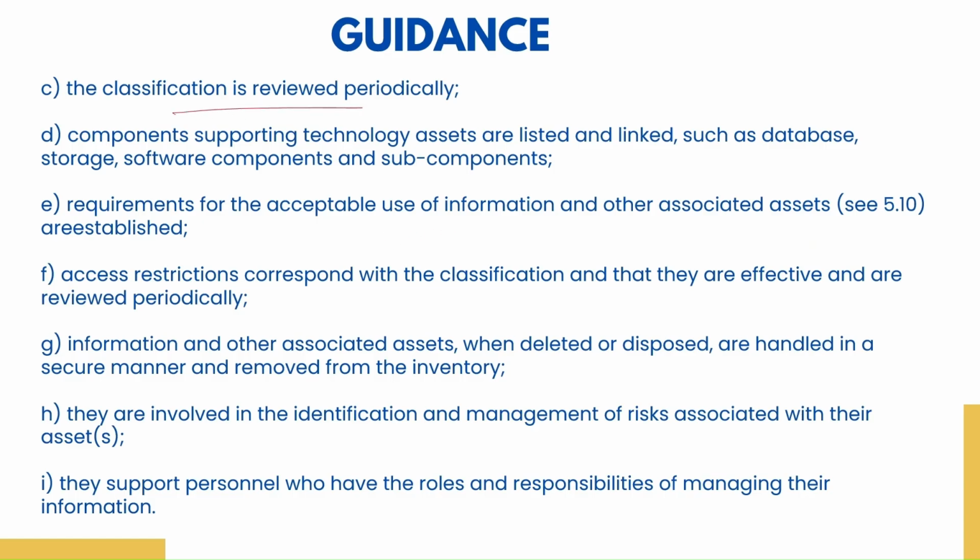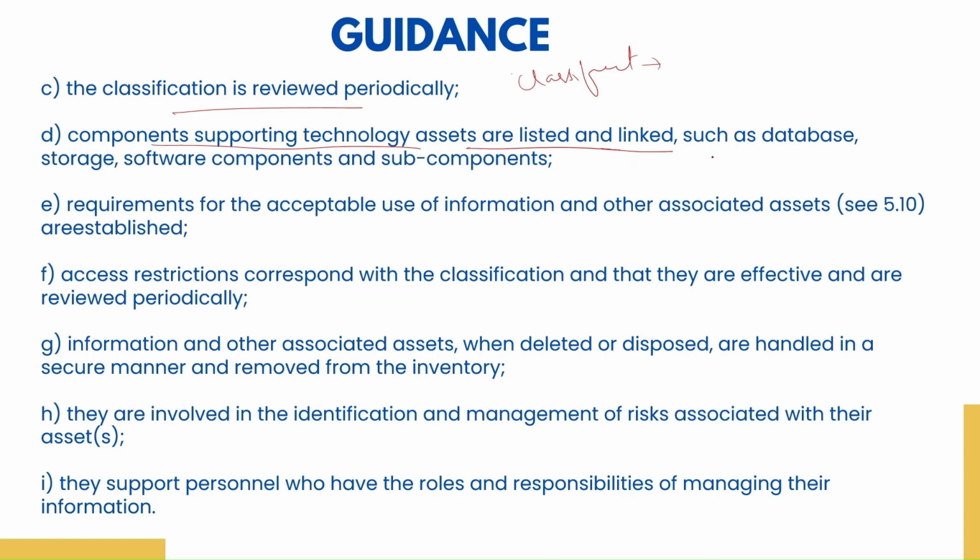And then the classification is reviewed periodically. So what happens, as I said, sometimes the classification also changes. Today this device can be a high critical device, but tomorrow it can change. So review it periodically. Components supporting technology assets are listed and linked.